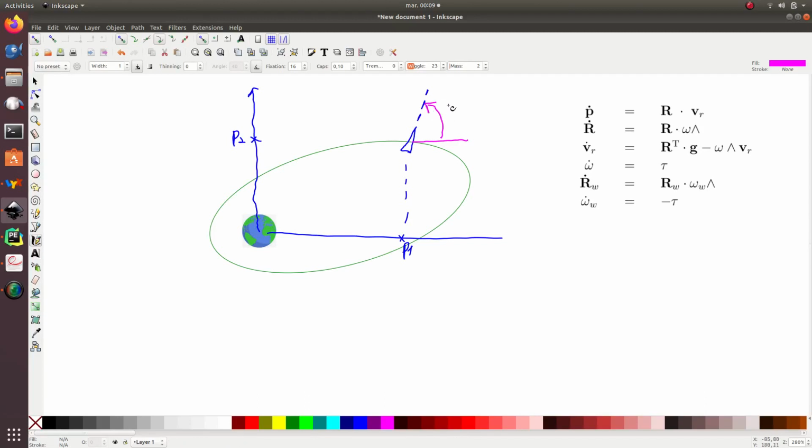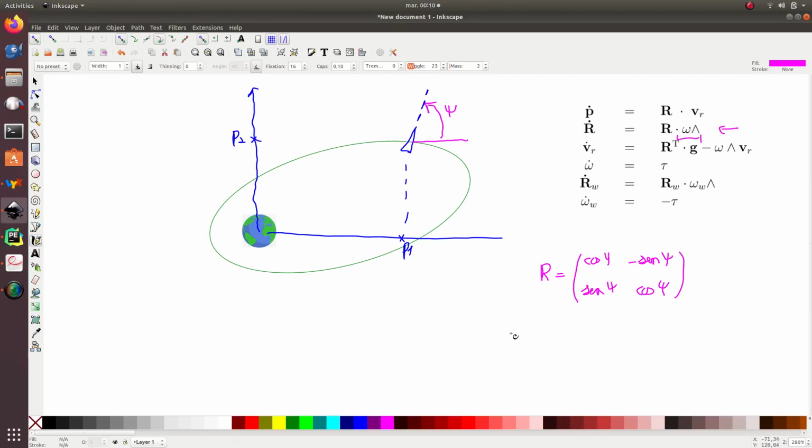the heading of the satellite is given by R. I will represent it by an angle like this, but R corresponds to the rotation matrix (cos psi, minus sin psi; sin psi, cos psi). So this corresponds to the evolution of the satellite. What about this quantity?